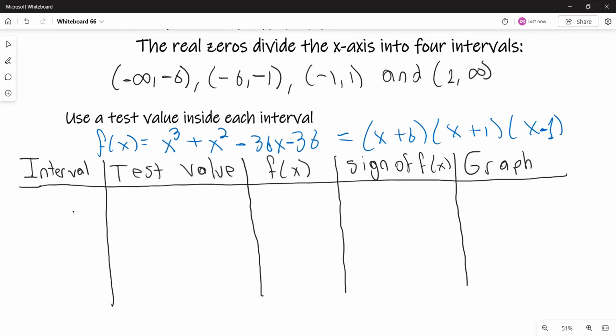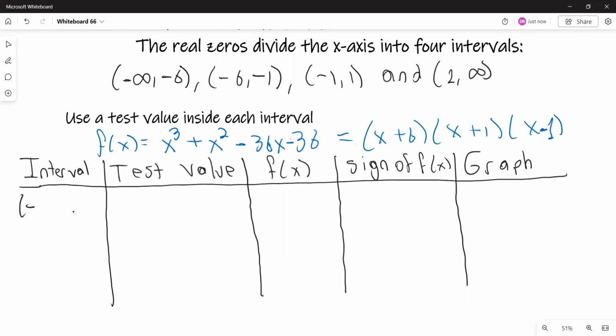So we know where the function becomes 0. Inside those intervals, if the function is positive at one point, it's going to be positive everywhere in that interval. It cannot go from positive to negative, or negative to positive, before becoming 0 first.